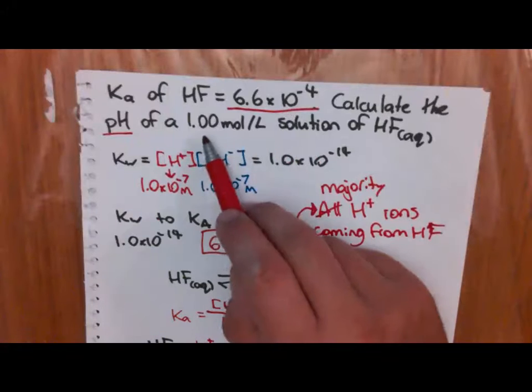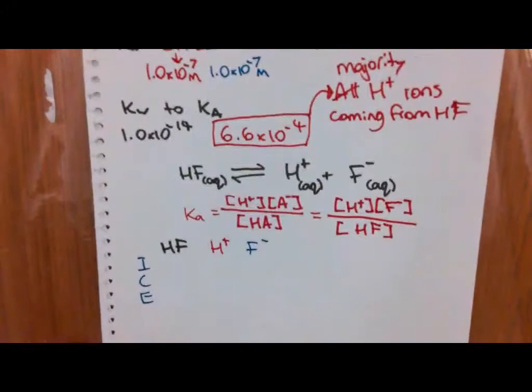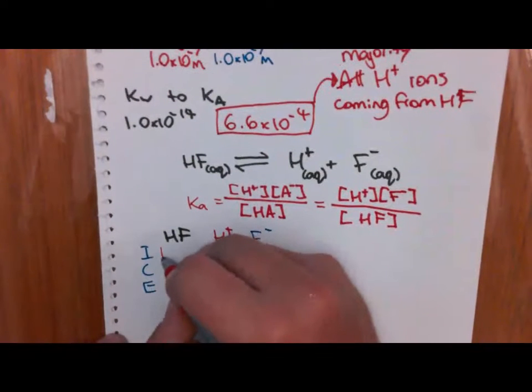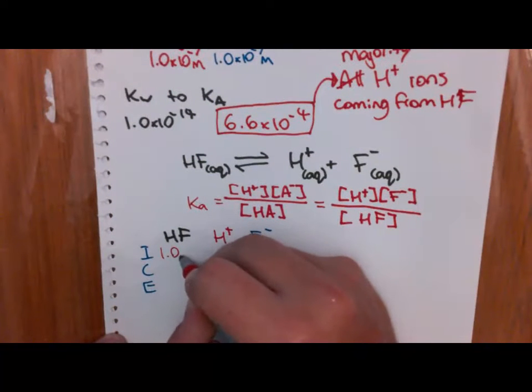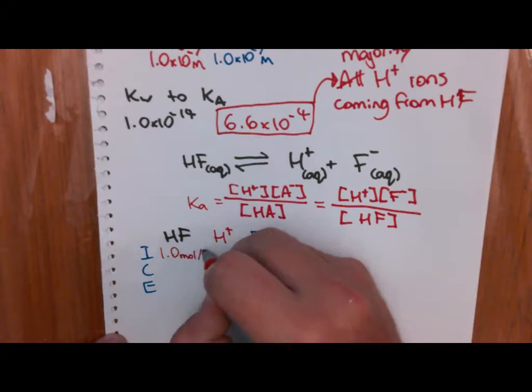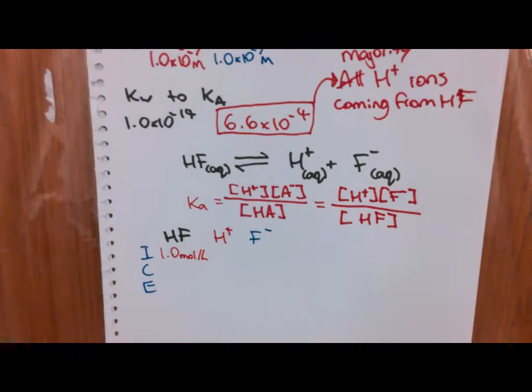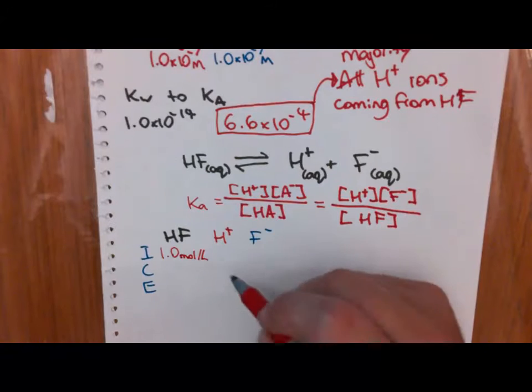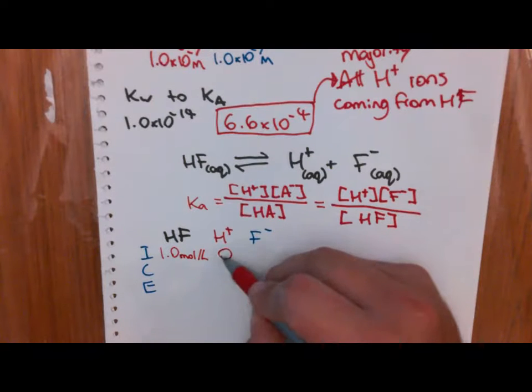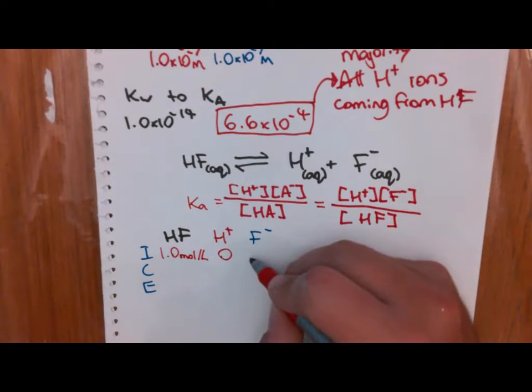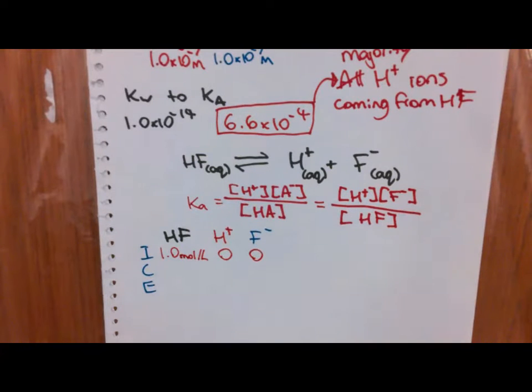It is going to be 1.0 moles per liter. And our H plus, we're assuming this is before we've dissolved any of this HF into water. So our H plus is going to start at 0. And our F minus is also going to start at 0.